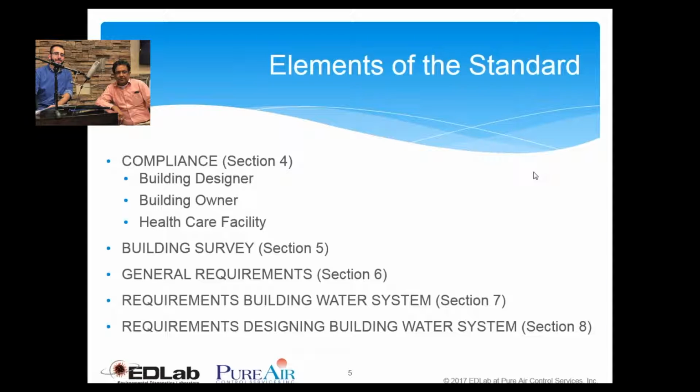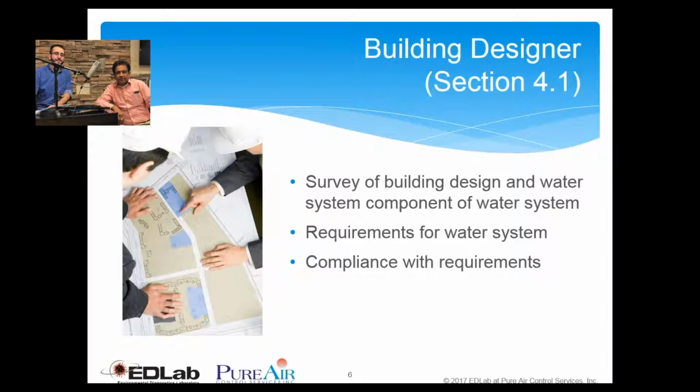The very first element is under section 4 in the standard book, and under section 4, the main emphasis has been given on 3 elements, and those are building designer, building owner, and healthcare facility.